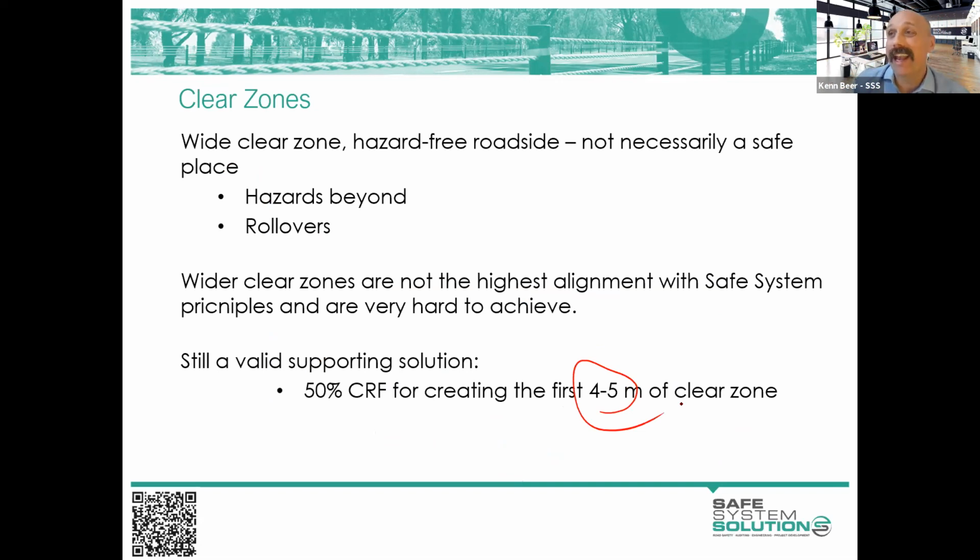But we do know that a flexible barrier system outperforms a clear zone for passenger vehicles, which are the overwhelming majority of run-off-road crashes on these big long straight roads where people fall asleep and they get distracted and they leave the road. A flexible barrier system is our most aligned Safe System option. It's more aligned than clearing the roadside for 15 metres.